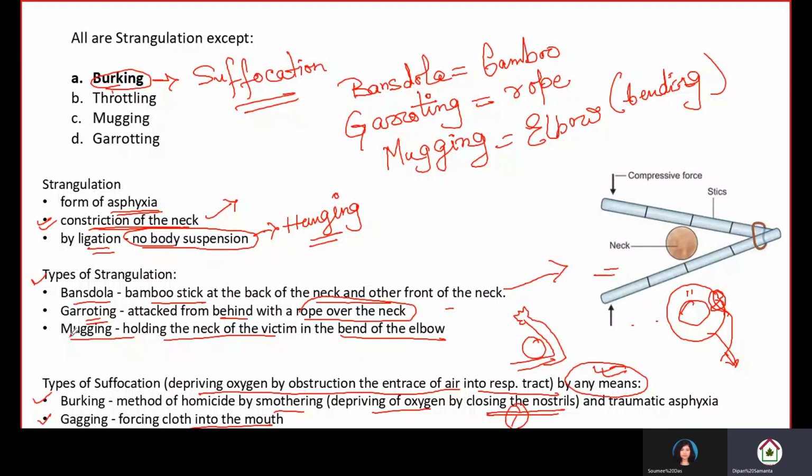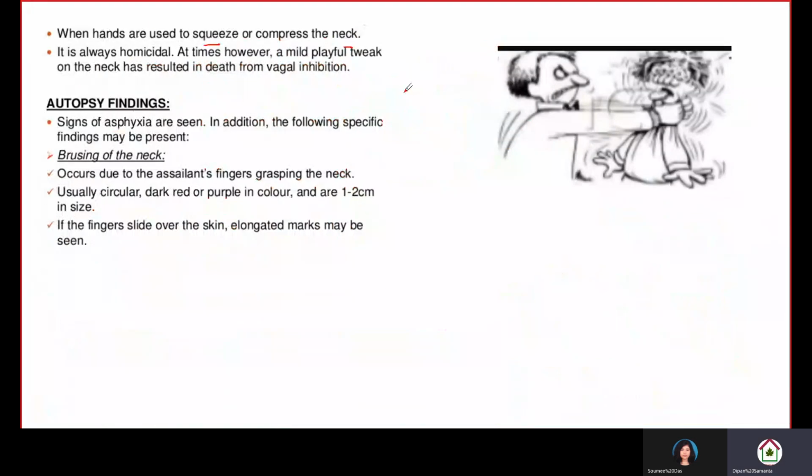So this is kind of, sorry, this is a kind of strangulation. In strangulation, what happens when hands are used to squeeze or compress the neck? That is the general form of strangulation.